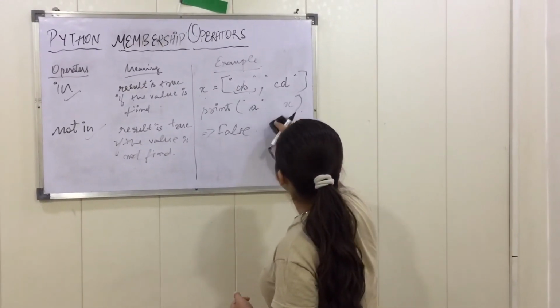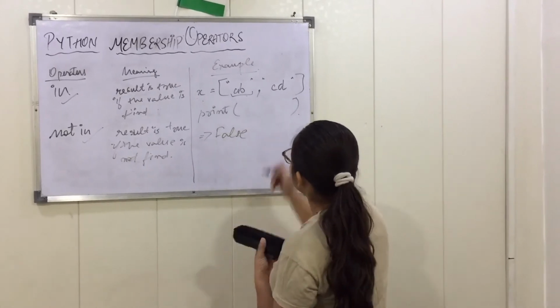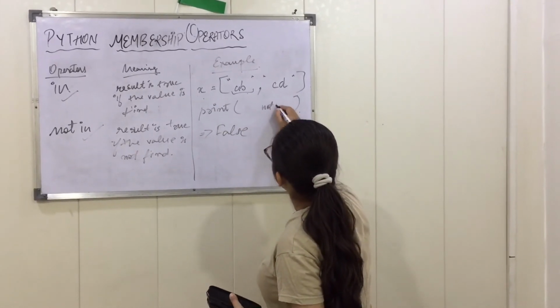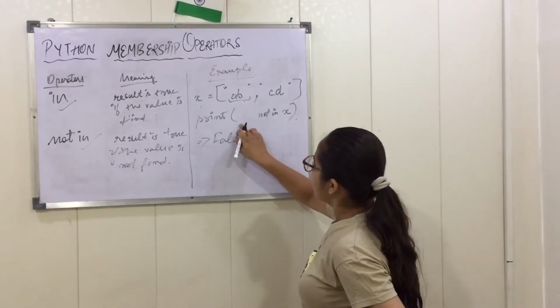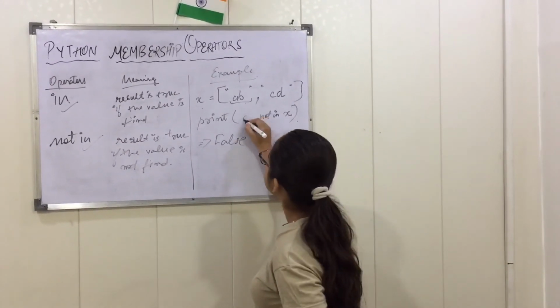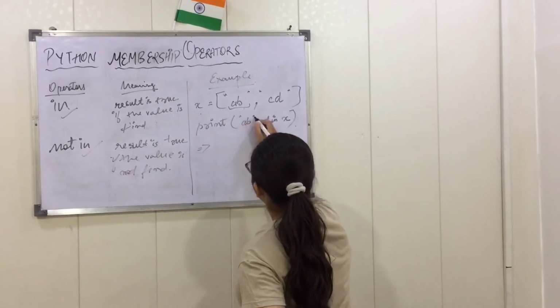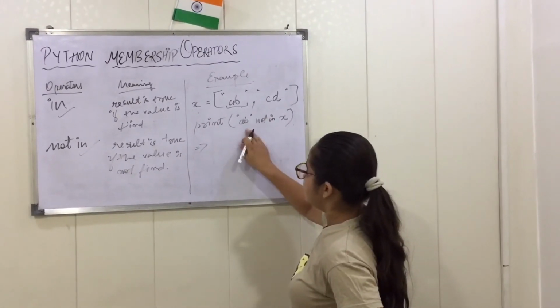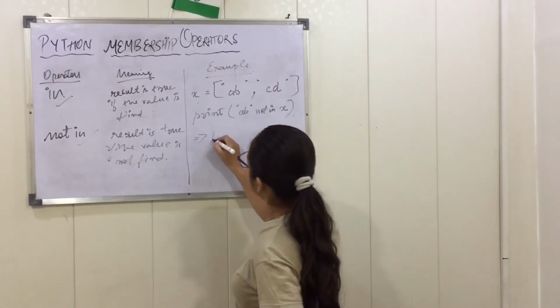Now the not in membership operator of Python. We'll write the changes here: I am asking not in on the X variable. If my value AB is not in X, since AB is present in X, the answer is false.